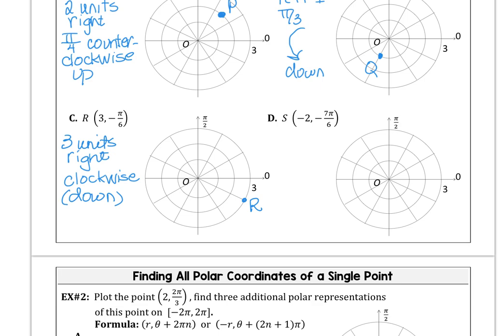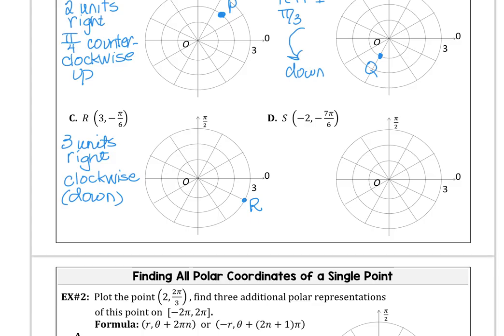And finally, for part D, we want to go 2 units to the left, and we're going to rotate -7 pi over 6. That's going to be clockwise. Clockwise is upward, so 7 pi over 6 is going to end up right here in quadrant 4.